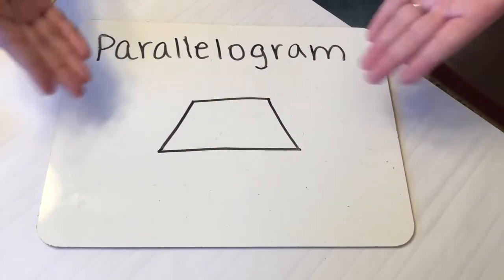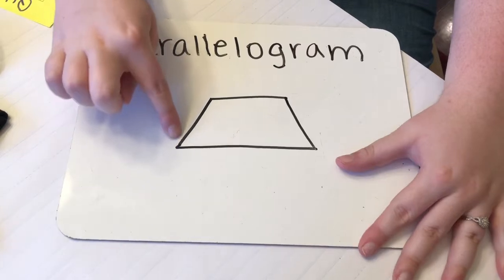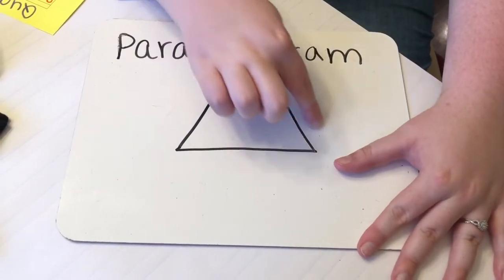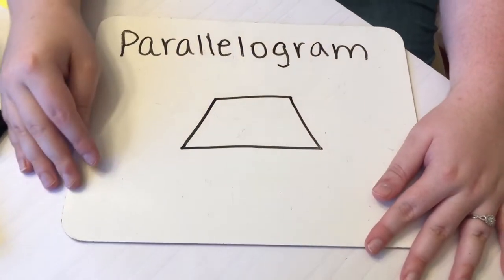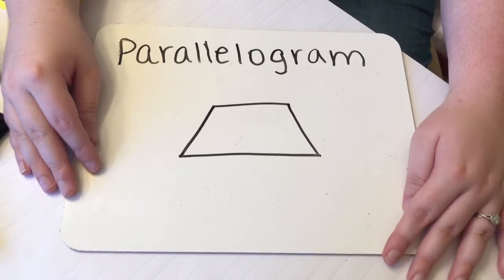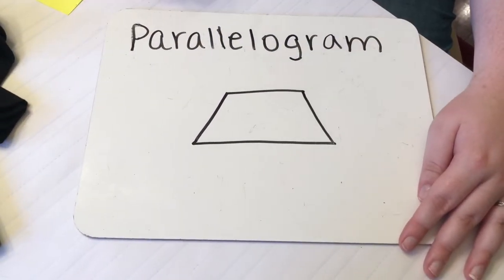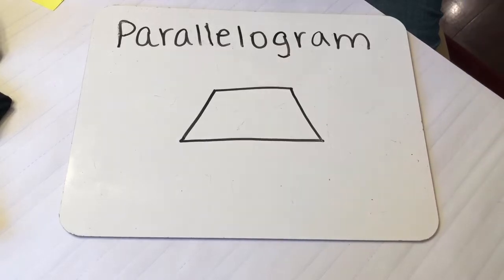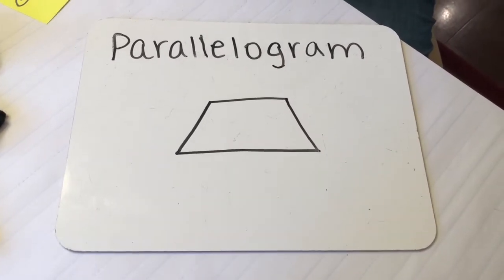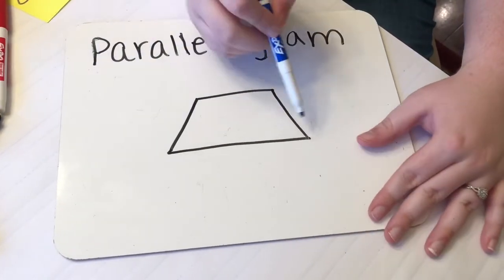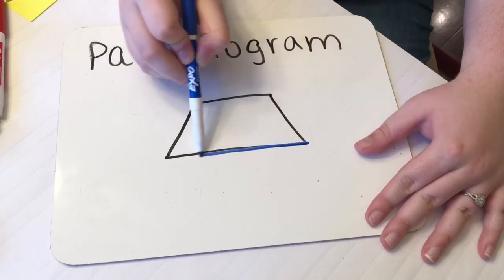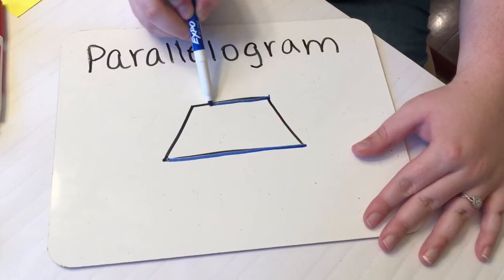So let's do some review. All right, so I have this quadrilateral here. It has 4 sides, 1, 2, 3, 4. And now we're going to see if it's a parallelogram or not. So remember, parallelograms have to have 2 sets of parallel lines. So I see one set of parallel lines. I see one right here and right here.